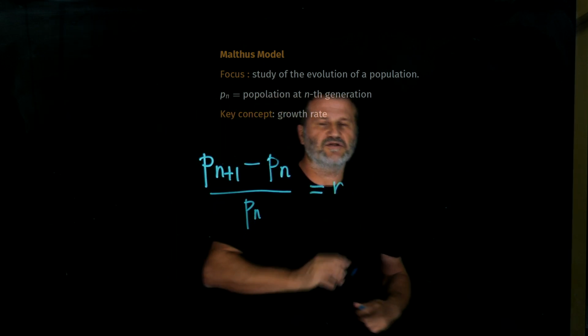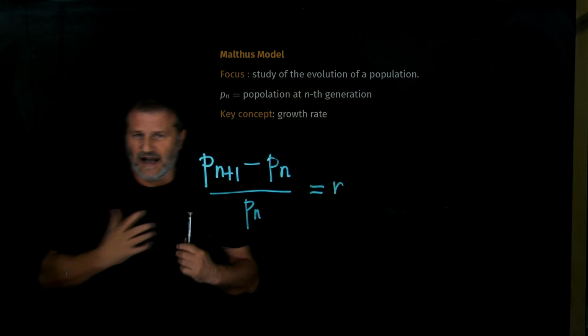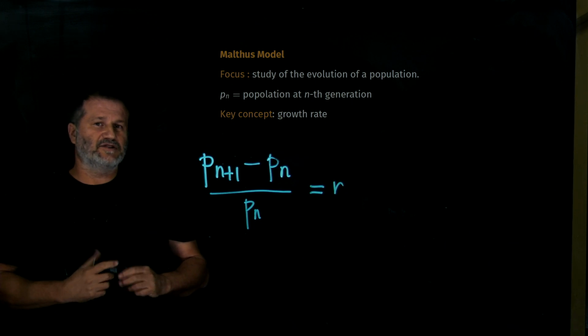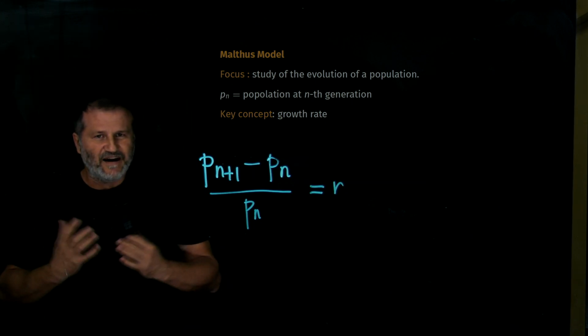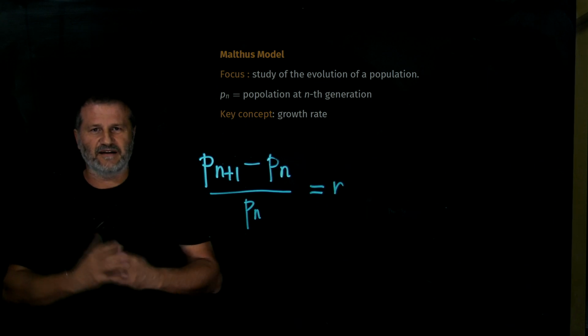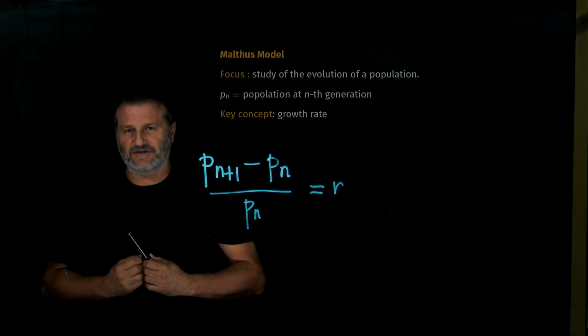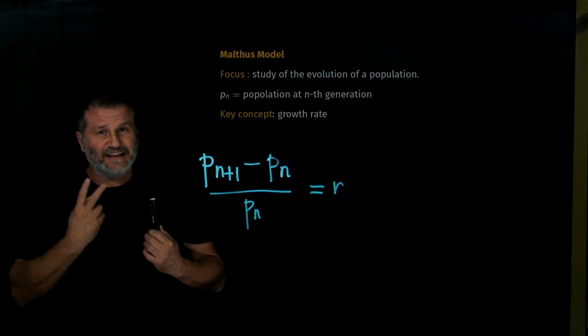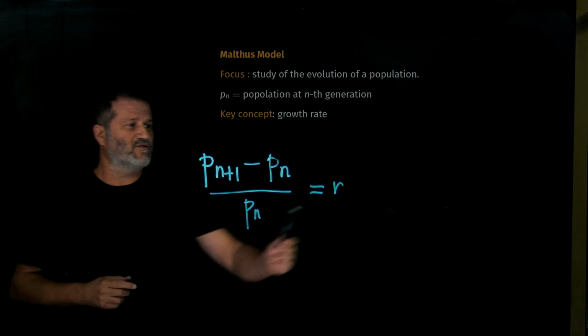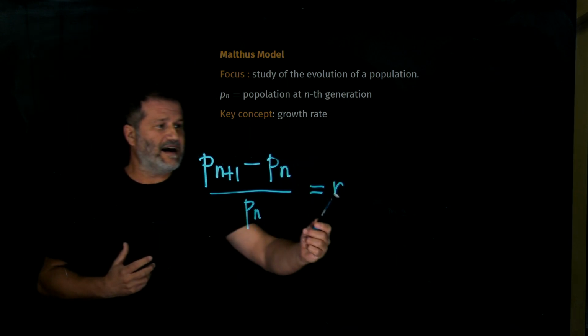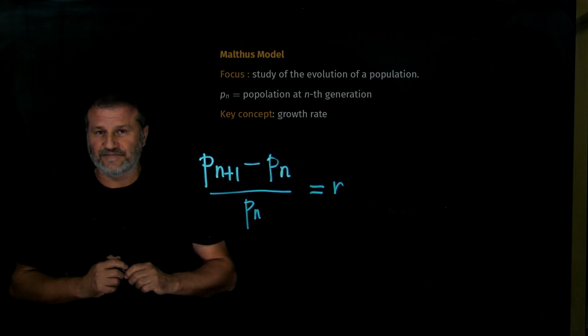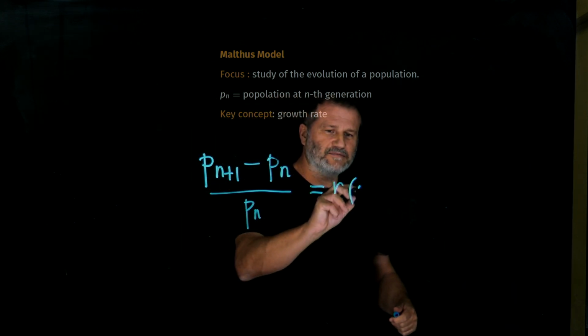It is normally denoted with a letter like R, and normally it will depend on many factors. Just to simplify and to show examples of these factors, we may say that there are at least two factors that could affect this R. First of all, R could depend on n, so on time.